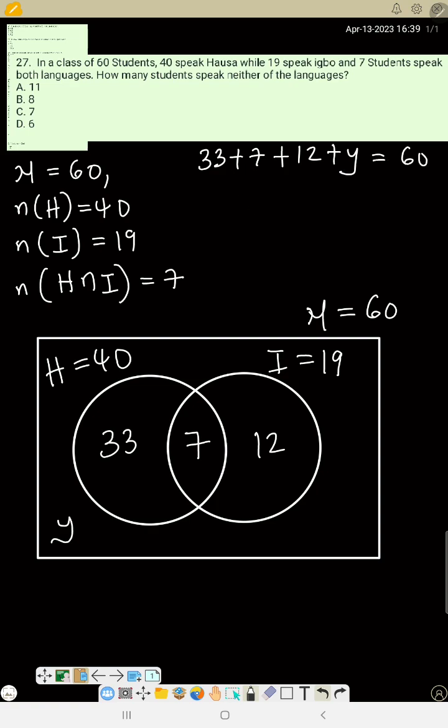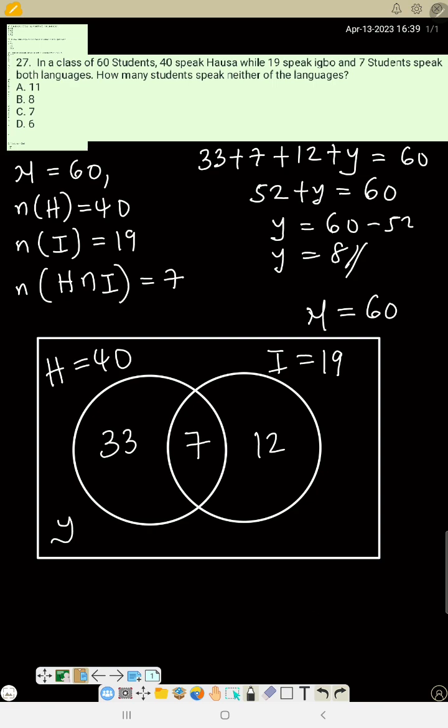So 33 plus 7 plus 12 plus y, that is 52 plus y is equal to 60. y equals 60 minus 52. y is equal to 8. So the correct answer is B, 8.